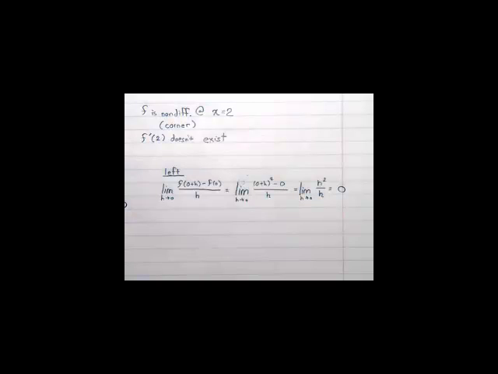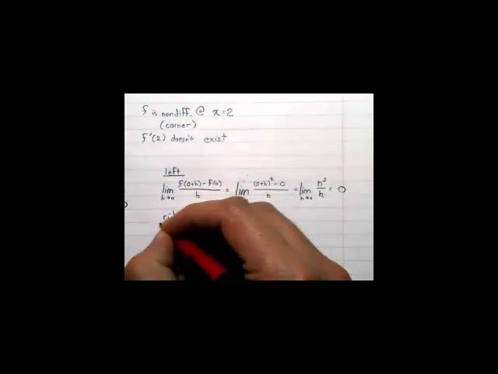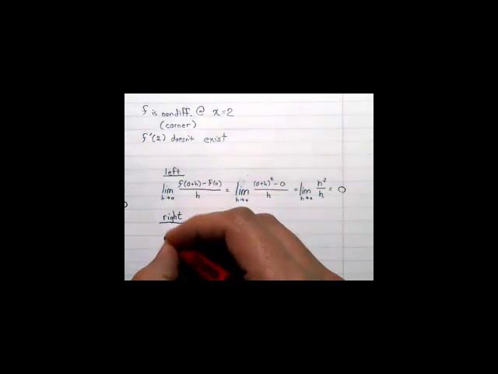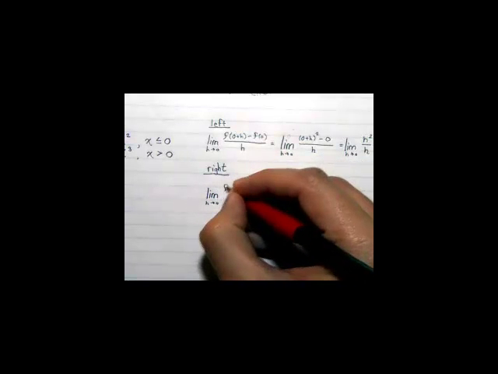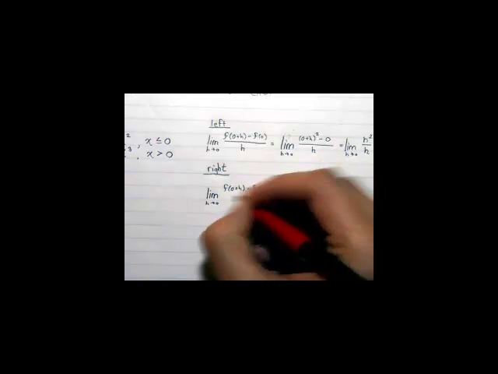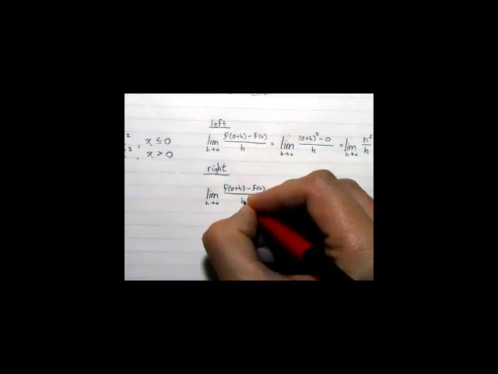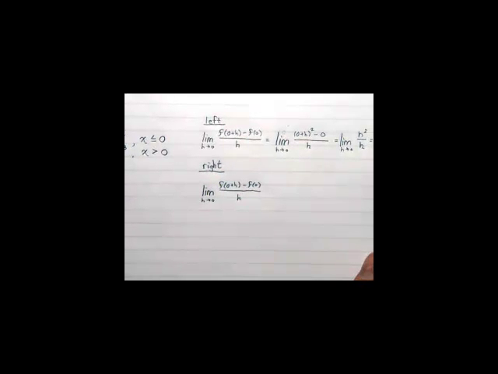Okay, so if this thing is differentiable at 0, we're really hoping that the right one comes out to 0 as well. So let's see what we get going from the right. So in this case, we would do the limit as h goes to 0, f of 0 plus h minus f of 0 over h. But now we're interested in the other piece, the x to the third.